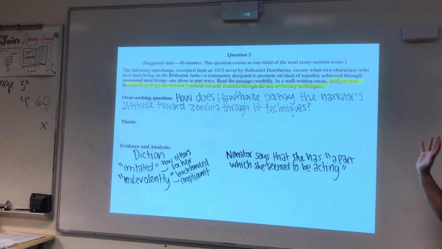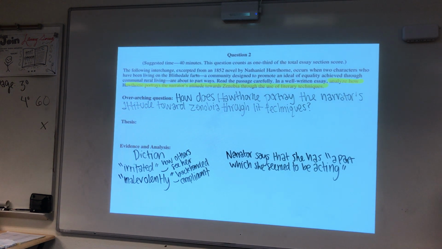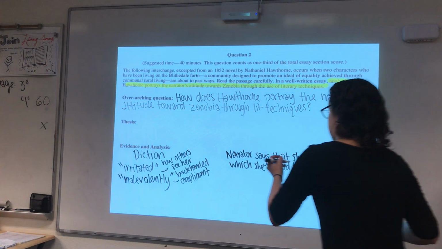So he wants to exorcise her of a part which she seemed to be acting. What does that imply about the speaker's attitude toward Zenobia? When I read that, it made me feel like the narrator was implying that she's not showing her true nature. She's playing up a front.